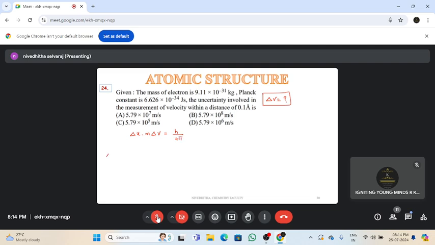So what is delta V then? H by 4 pi into 1 by delta X into 1 by mass. That's it. So just substitute all those values and simplify, and please come up with the value of delta V.